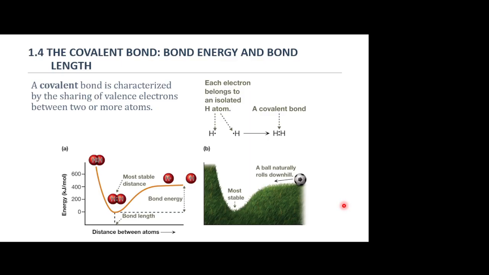They're very rare. I'm going to be honest, this definition is good enough for you. If you want to get more advanced chemistry, then we'll talk about the other definition more, but it's good enough. So you're going to be equal-ish sharing valence electrons between two or more atoms.